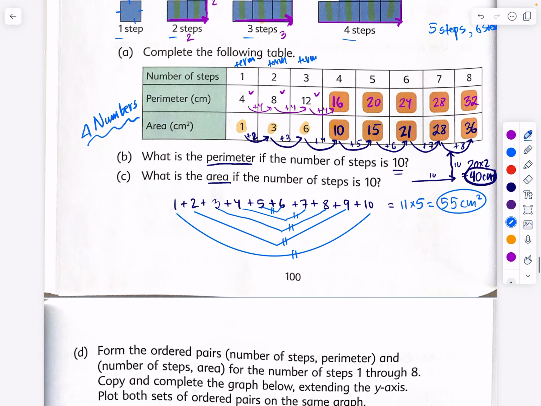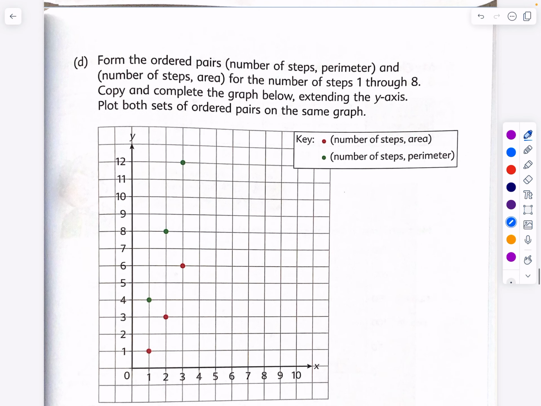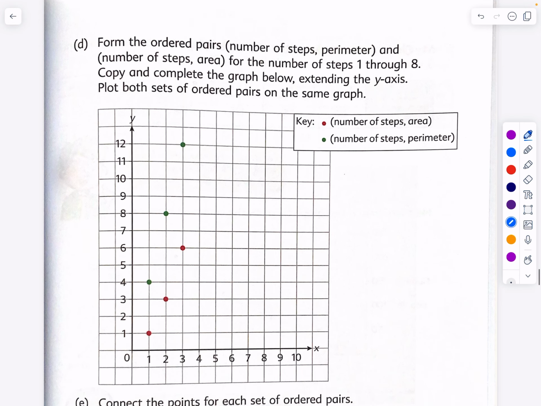Now, on the following page, 101, they're asking us to plot the ordered pairs. On the x-axis, we will have number of stairs, right? 1 through 10. And right here, we will have the perimeter of our shapes.